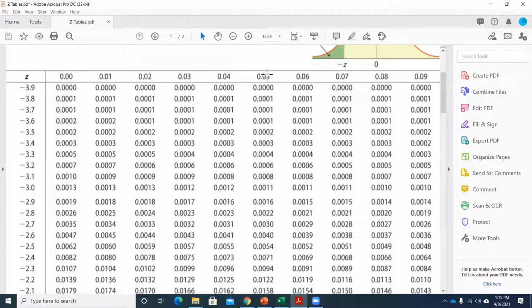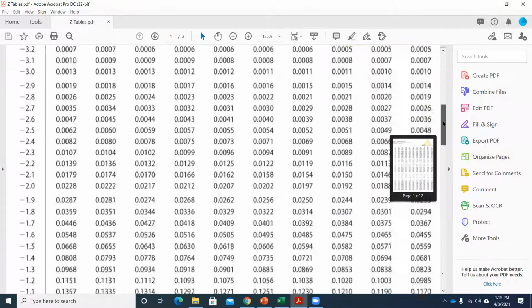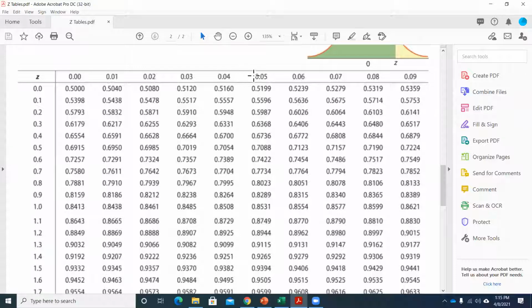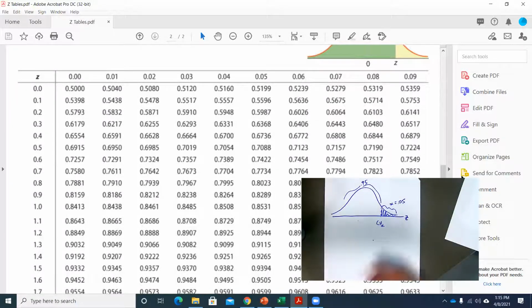So negative 1.65, but I'm on a right-tailed test, so it should be positive 1.65. Or I could look up that area of 0.95. It's in between these two, 1.64 and 1.65. Sure enough, I find 1.65 there as well. So my critical value here is going to be 1.65.